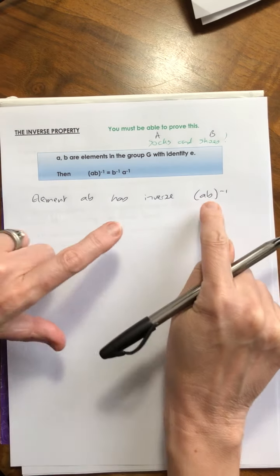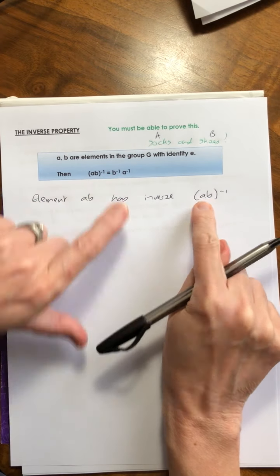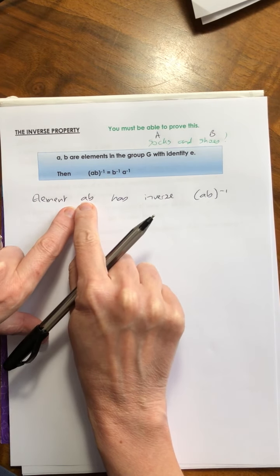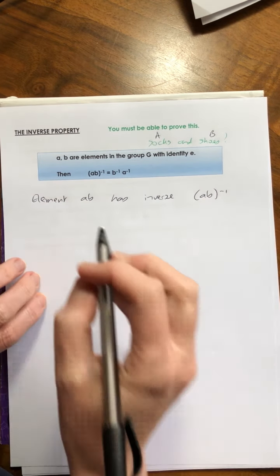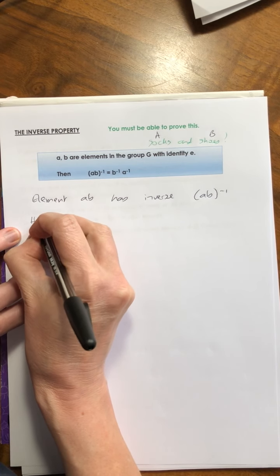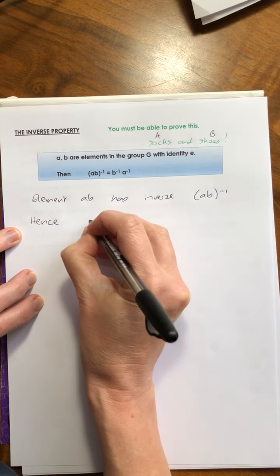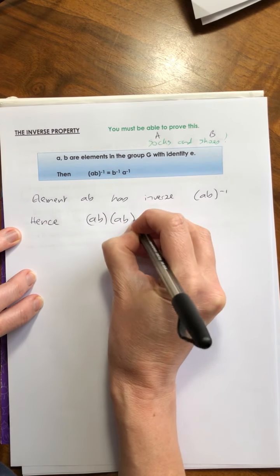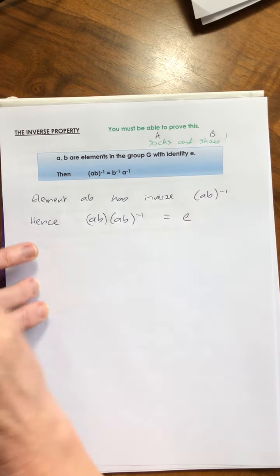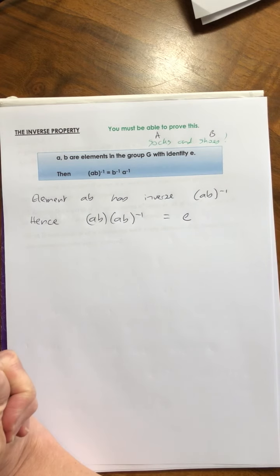Okay, so I know we've got to show that that is equal to that, but I'm just thinking about the element AB and the inverse of AB. So that means I definitely know that AB together with AB inverse is equal to the identity.